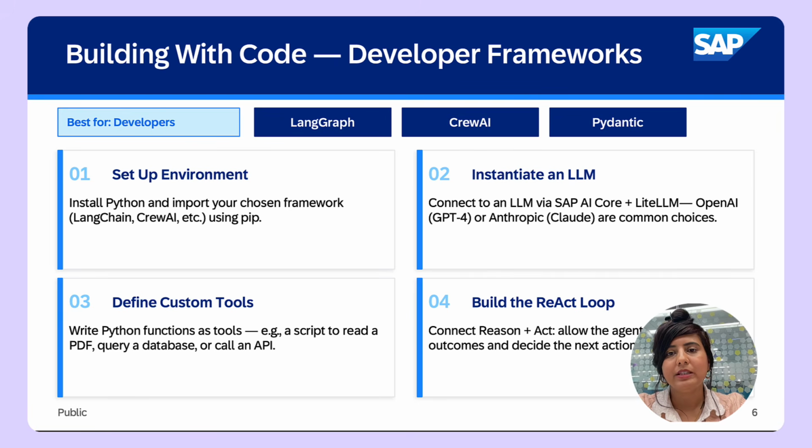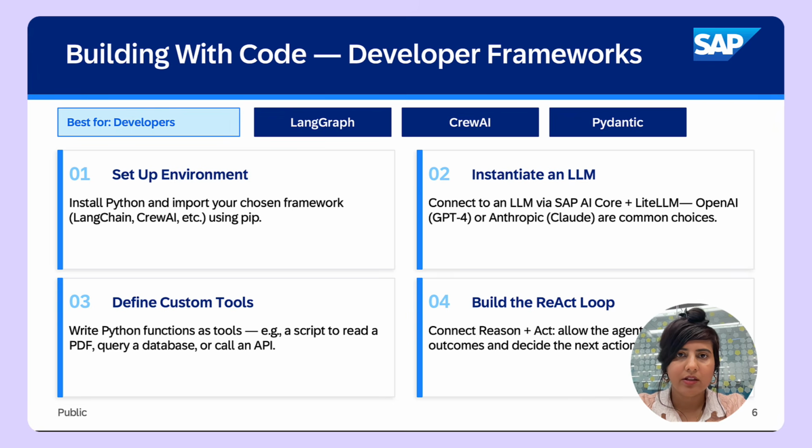Then we have to instantiate an LLM. A large language model has to be connected to the agent, right? We will be connecting to SAP AI Core for LLM access, and the LiteLLM library will also be used. LLM models like OpenAI GPT-4 or Anthropic Claude are the common choices of LLMs.